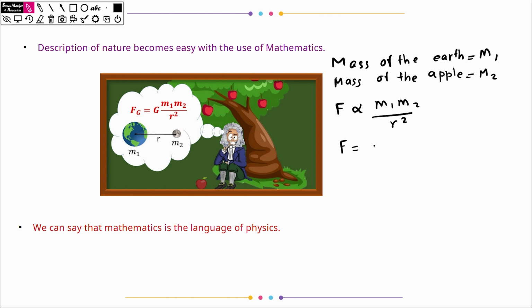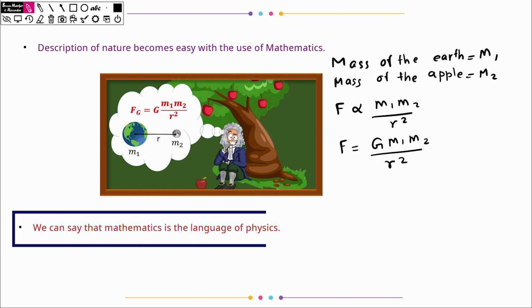Now we can take a constant, that is G, which is nothing but the gravitational constant, and we can rewrite the equation as force is equal to G m1 m2 by r square. Therefore, you can see the description of the law becomes easy and understandable when we are expressing them with the help of mathematics. So we can say mathematics is the language of physics.